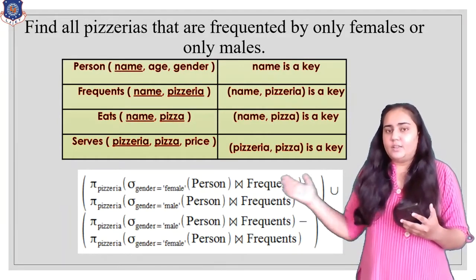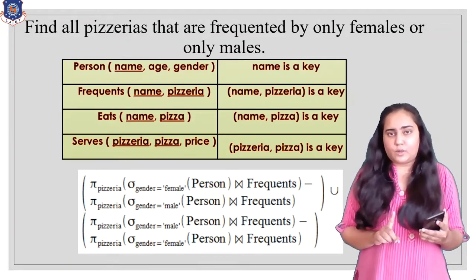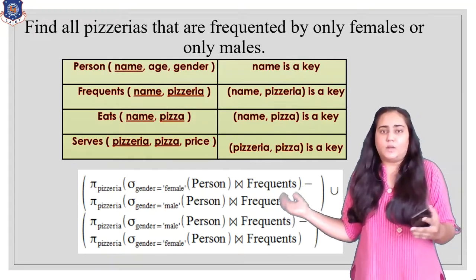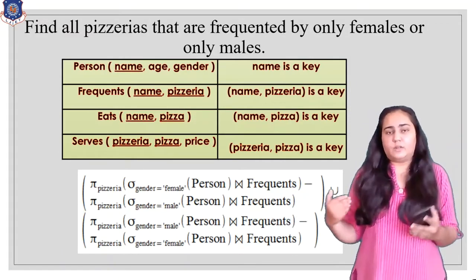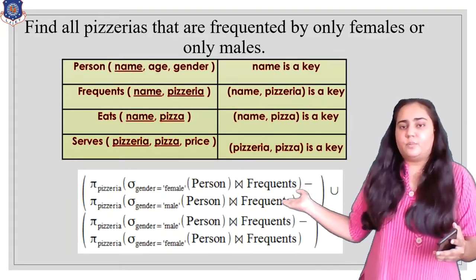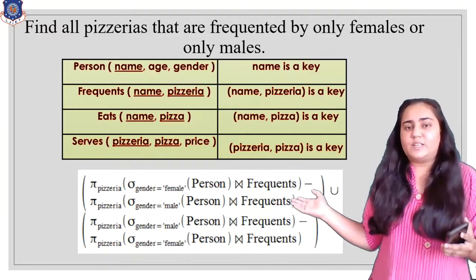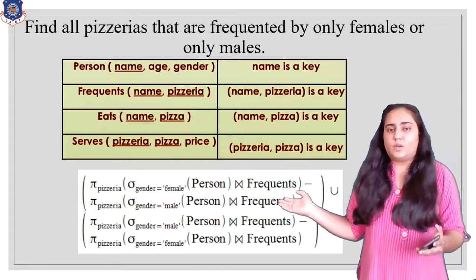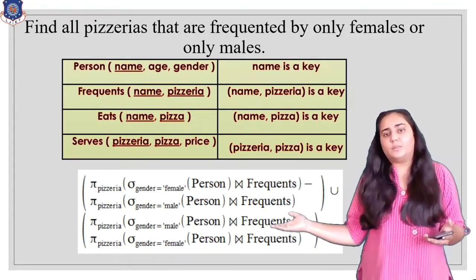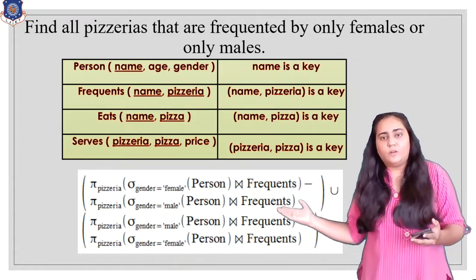Now understand that this is not giving me names of pizzerias where only males are going, because it gives me names of pizzerias where males are going, but it does not ensure that females are not going there. So in order to do that, I have to perform minus. I'm doing minus between these two queries, which means I'm fetching all the pizzerias where only females are going, because from the female ones, I have subtracted the male ones.